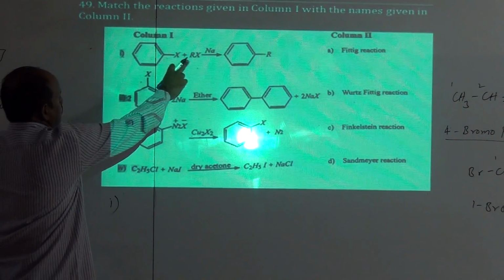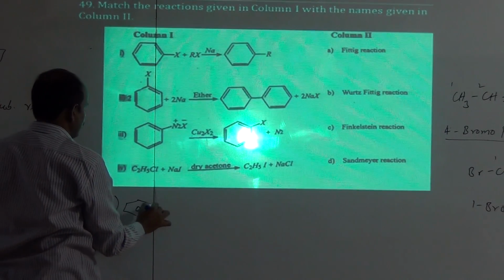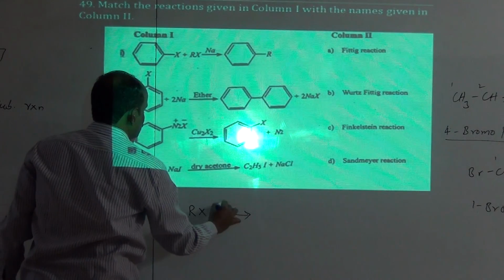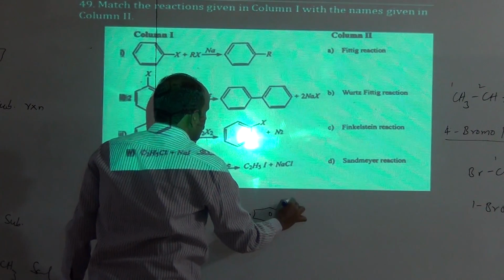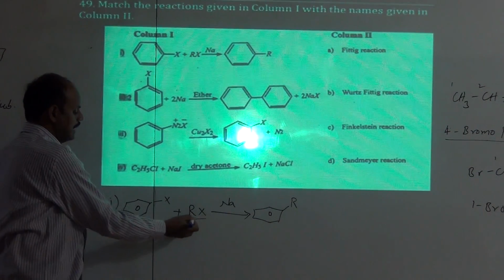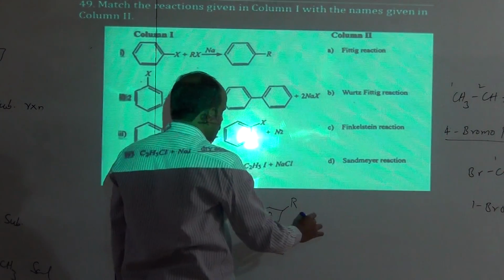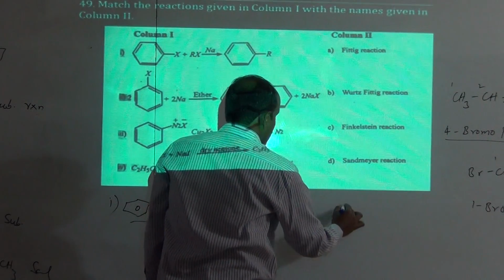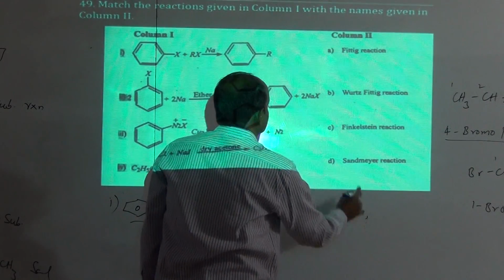Aryl halide reacts with alkyl halide. Aryl halide X plus alkyl halide in the presence of sodium gives alkyl benzene. This reaction is called the Wurtz-Fittig reaction, because Wurtz means alkyl halide, Fittig means aryl halide. Both are there, 1 mole each. Where is it in the options? B, that is the Wurtz-Fittig reaction.